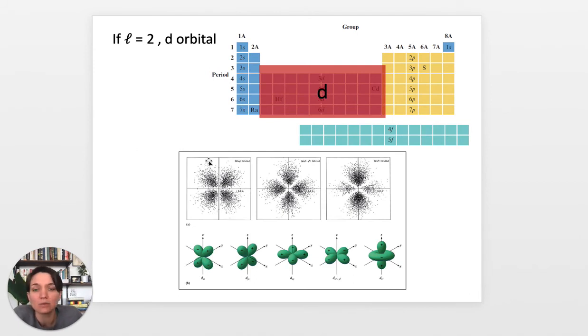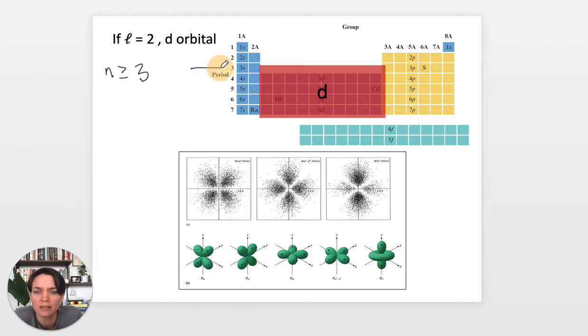If L equals 2, then we are in d orbital territory. Remember, s orbitals can occur at any n level, right? N equals 1, you have an s orbital. N equals 2, you have an s orbital, and you also have p orbitals. You can only have a d orbital once you get to n equals 3. So n has to be greater than or equal to 3 in order to have a d orbital.